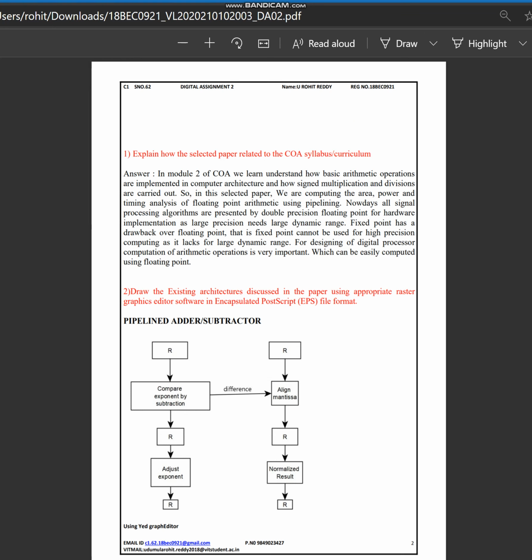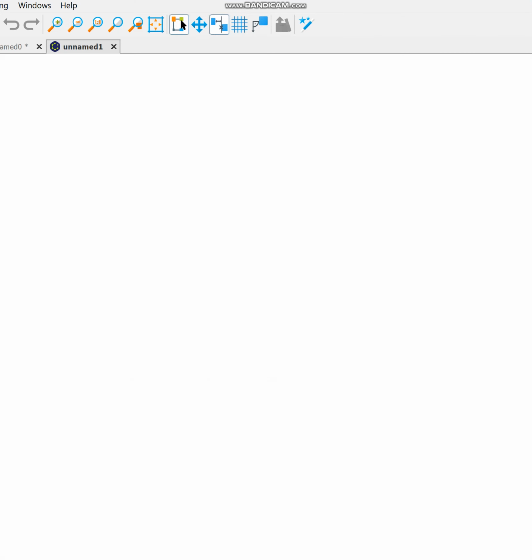So this is the diagram of the pipelined adder or subtractor. I have drawn this using YED graph editor and I'll also show it right now. So as you can see, I have opened the YED graph editor and I'll draw the pipelined adder and subtractor.